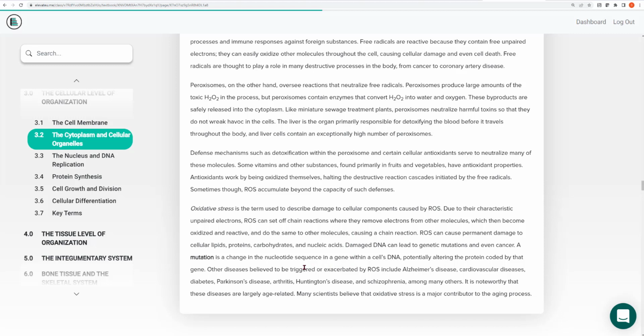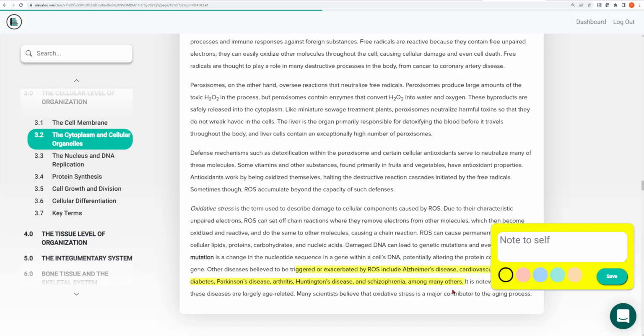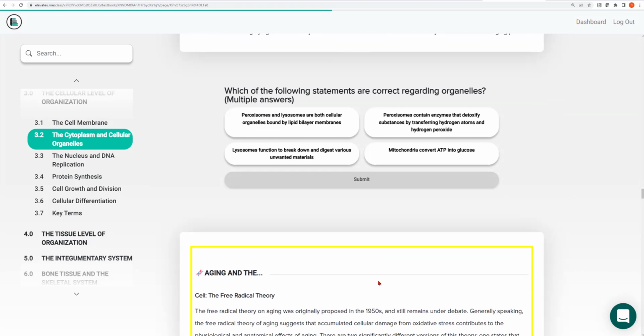And we think that there are many diseases that we've all heard of that are related to the cumulative damage of these reactive oxygen species, things like Alzheimer's, cardiovascular disease, diabetes, Parkinson's, arthritis, Huntington's, schizophrenia, all have links to these reactive oxidative species. So eat your fruits and vegetables, take your antioxidants.